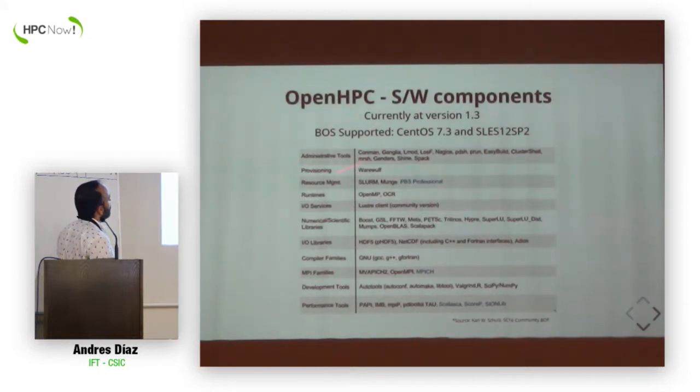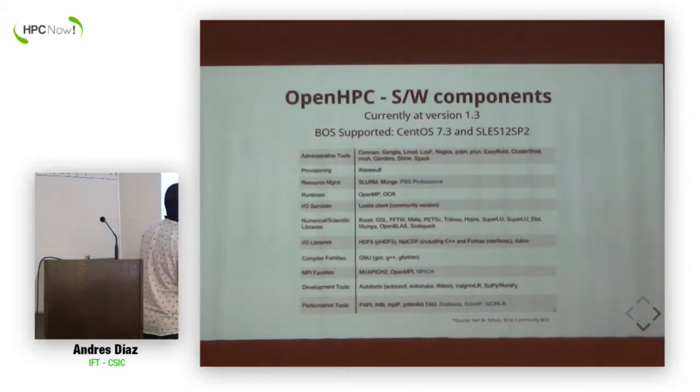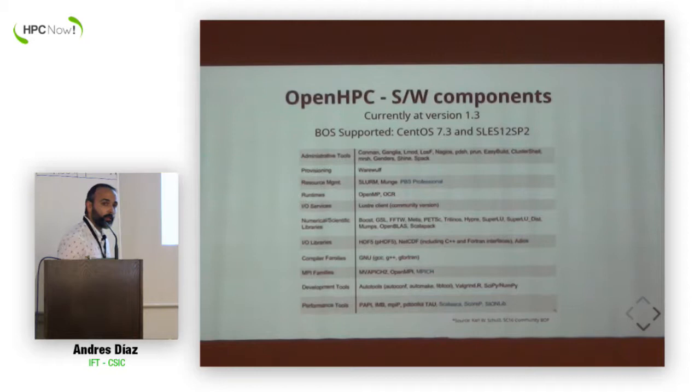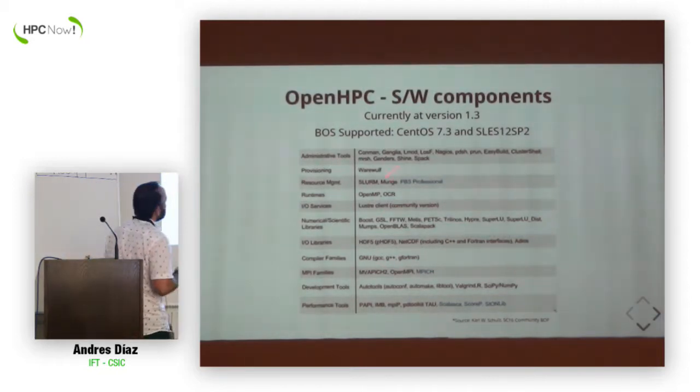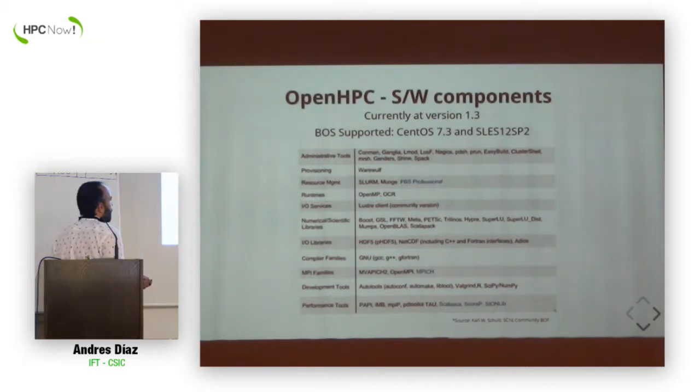You have administrative tools: Ganglia, Nagios, PBS, EasyBuild, and Spack. We are having talks tomorrow about those. It has a provisioning tool, it has resource management, Slurm, PBS, other stuff, a bunch of software, and then Valgrind. Okay, so it's pretty complete.